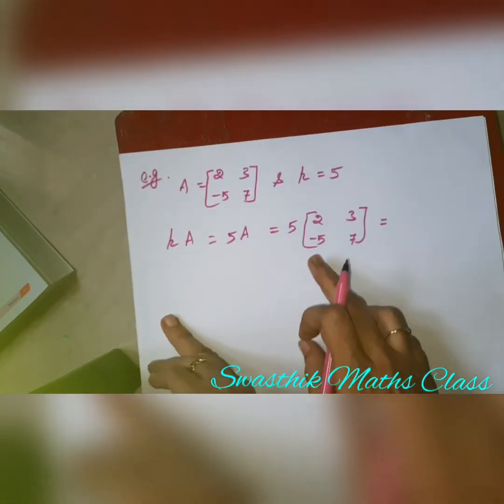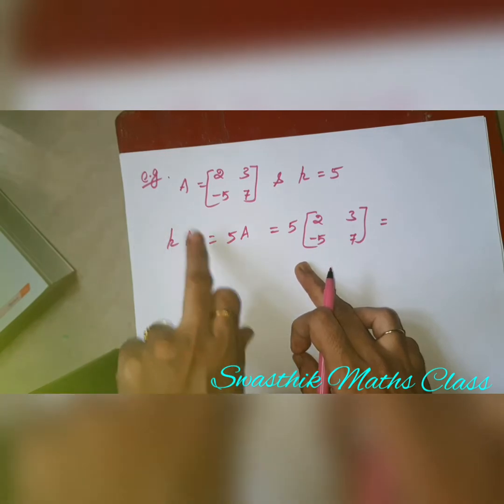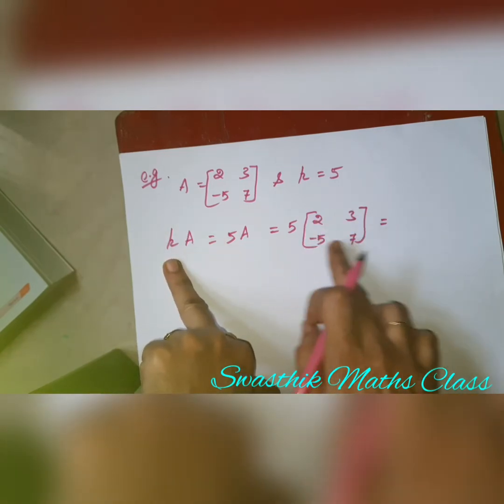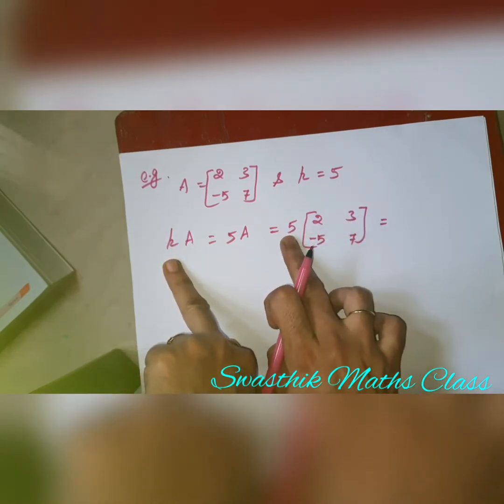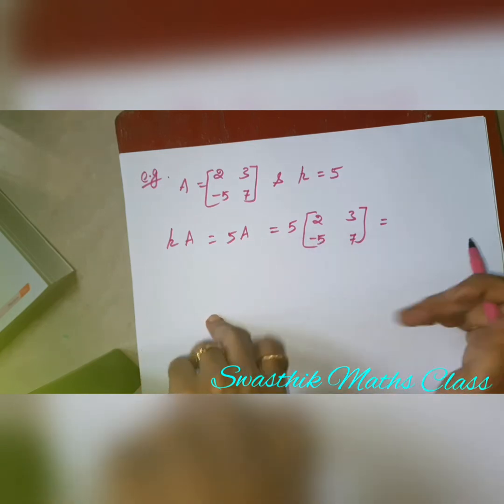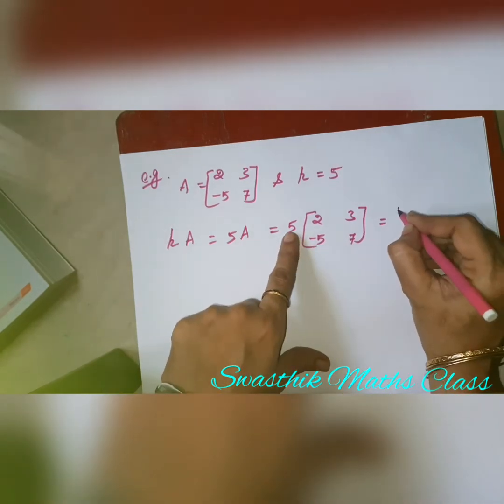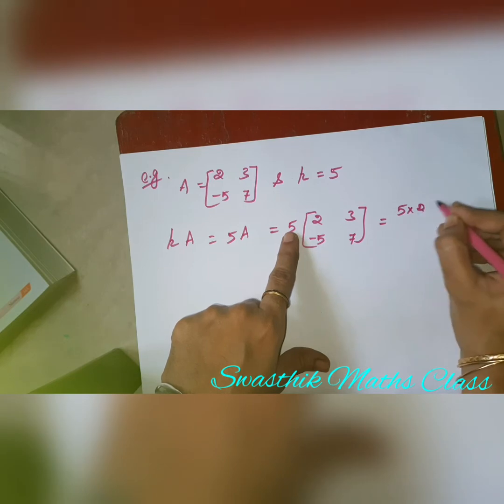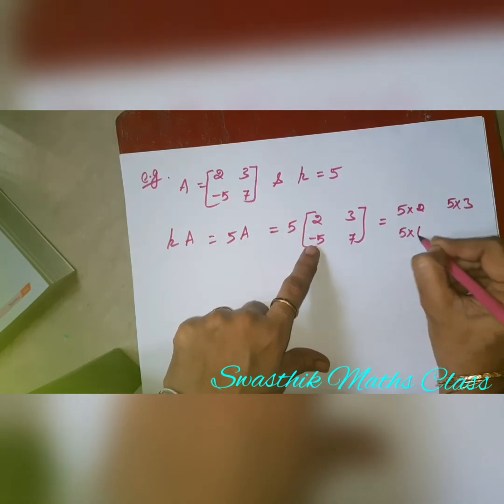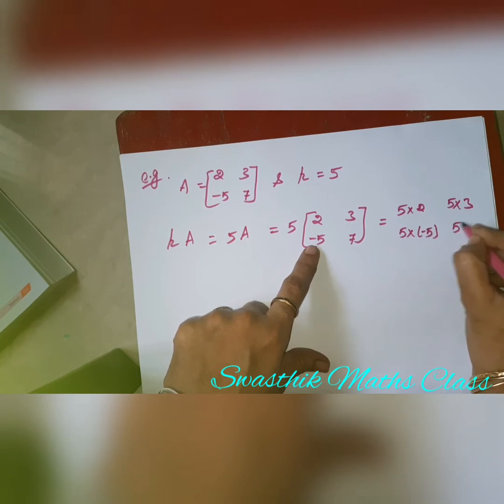What we have to do? To get this Ka, the new matrix Ka, we have to multiply all the entries of A by this number K, or by this number 5 here. So it is equal to 5 into 2, 5 into 3, 5 into minus 5 and 5 into 7.